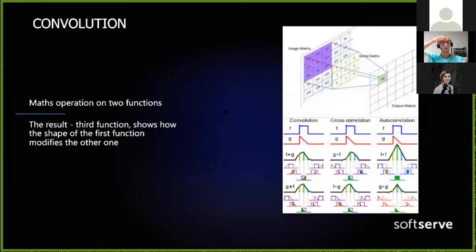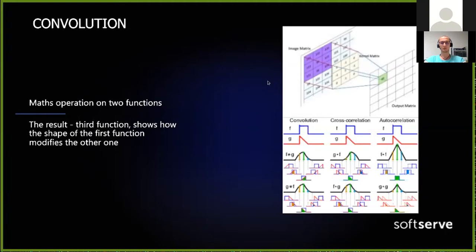Convolution is the main operation in convolutional neural networks. Convolution is a math operation on two functions, and the result is a third function. And this third function shows how the first function modifies the other one. In the picture, you can see that in the convolution process we use some matrices.